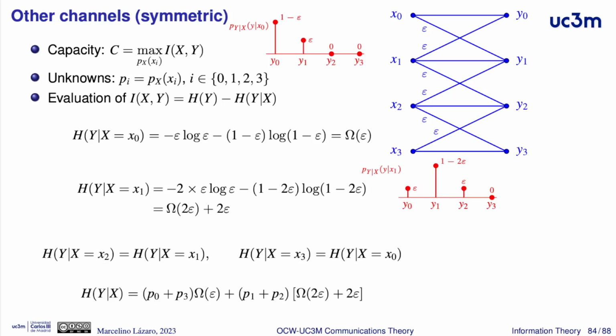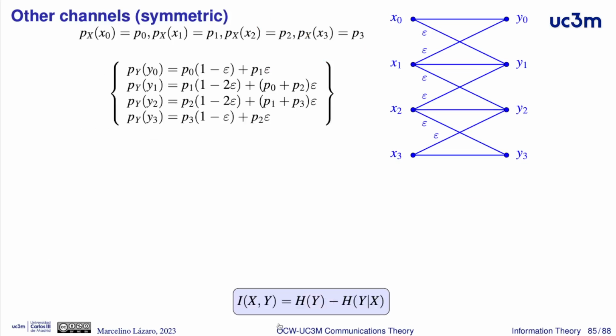Therefore, now we can obtain the conditional entropy of the output given the input by averaging these four entropies for y given each value of x. And we have this very simple result. To obtain the entropy of the output, it is necessary to compute the probability of y0, y1, y2, and y3. We need the distribution of the output.